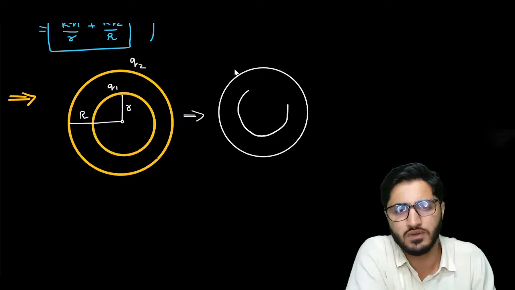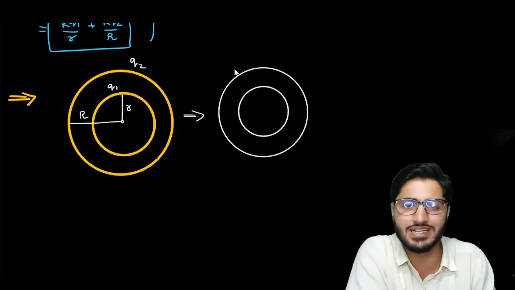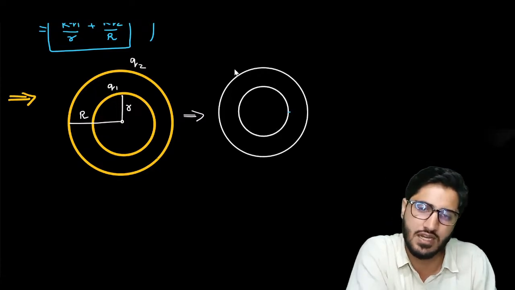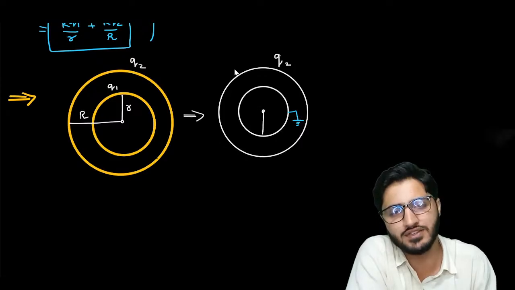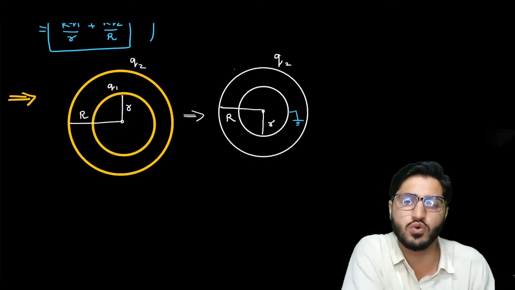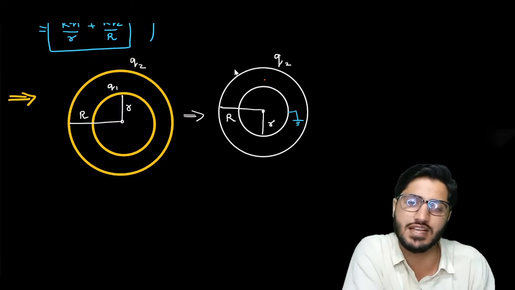Look now. We are using earthing techniques. So I will just earth the inner sphere. What will happen? The outer charge will behave as it is. Let us suppose the inner charge is x.